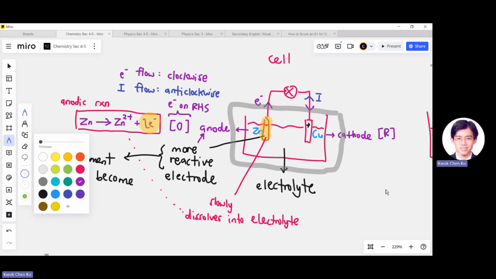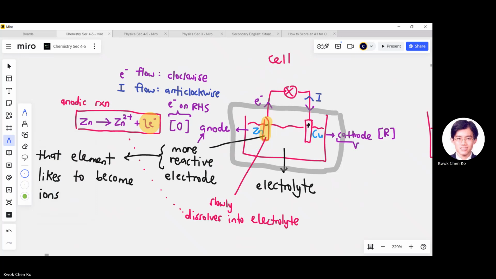Next question, how about here? What kind of equation? There must be a reduction happening here. It depends. Depends on what? Depends on the electrolyte. What is inside the electrolyte?